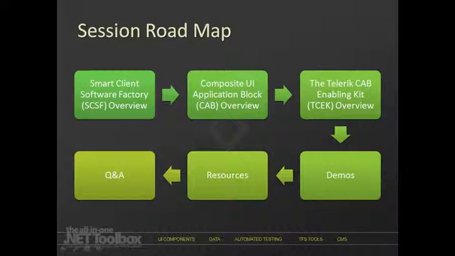Following that, we'll be going over the Telerik CAB Enabling Kit, and after that, I'm going to show you a pretty extensive programming example of how to build an SCSF CAB-based application from the ground up that's been enabled with the Telerik CAB Enabling Kit. After that, I'll give you some resources that you can go to if you want to expand your knowledge on this subject a little bit more. And finally, we'll do a little Q&A.